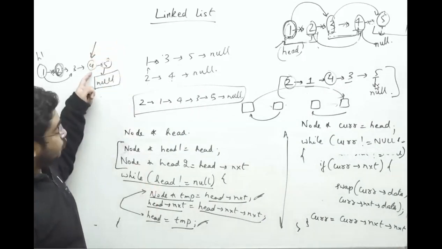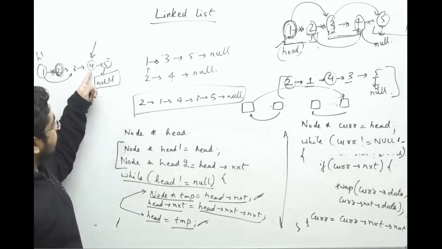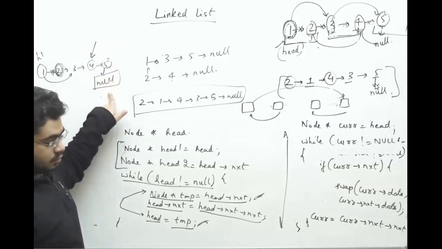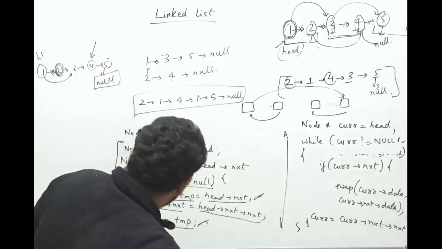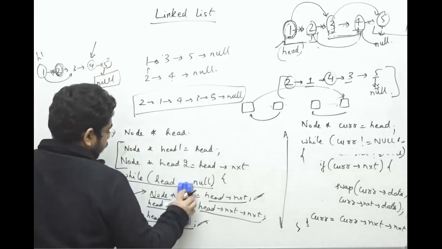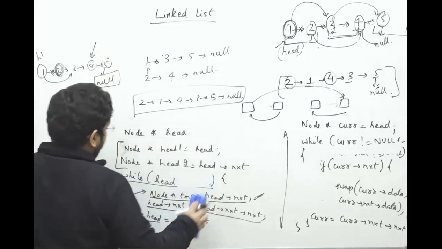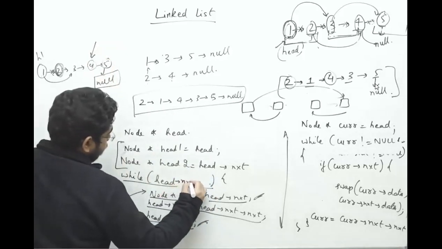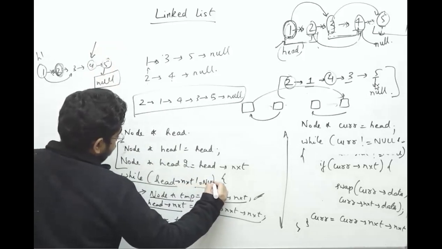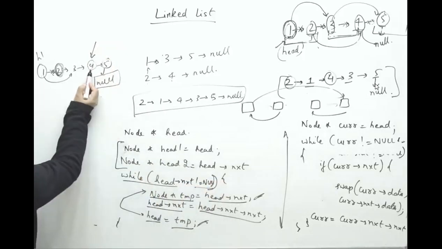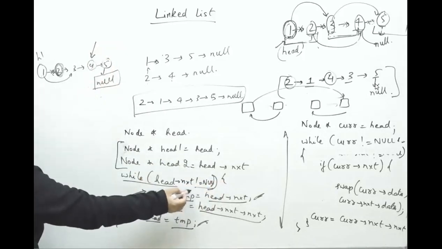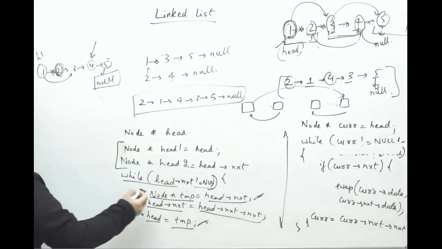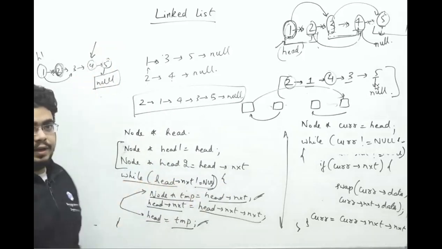That means I need to stop when something's next next is null, right? So till the point when something's next is not null, you continue. That means if the next is available, then continue. If the next is not available, then you stop. So this condition will slightly change.